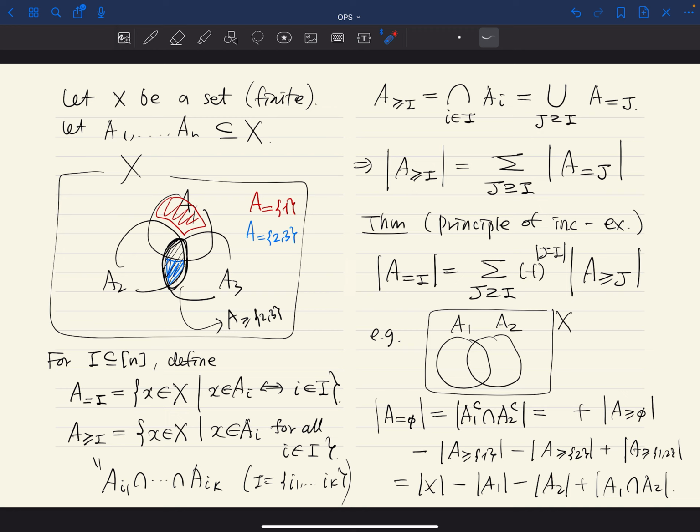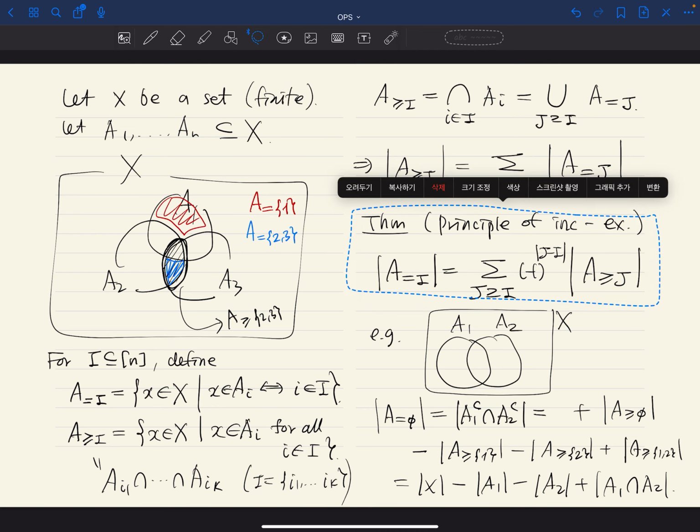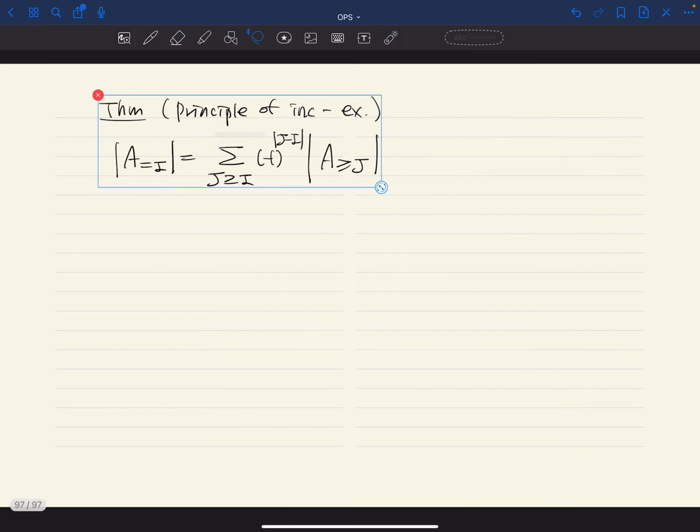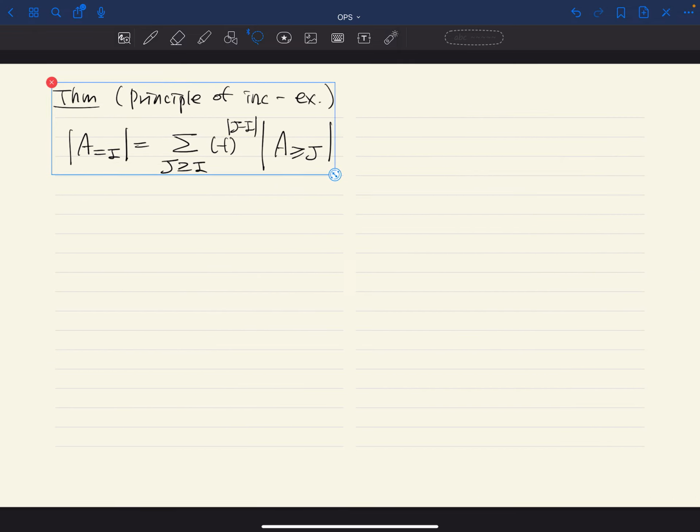I'm not going to give you full details, but let me tell you how to prove this, because the idea is interesting. If you take any combinatorics course in undergraduate, you will see a proof like this. So, proof.